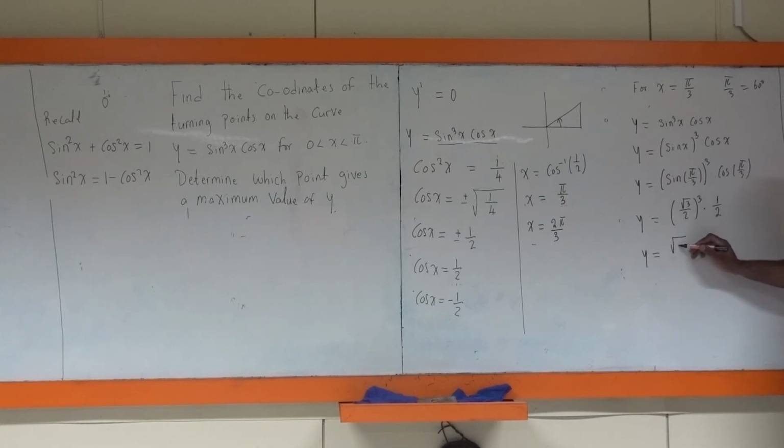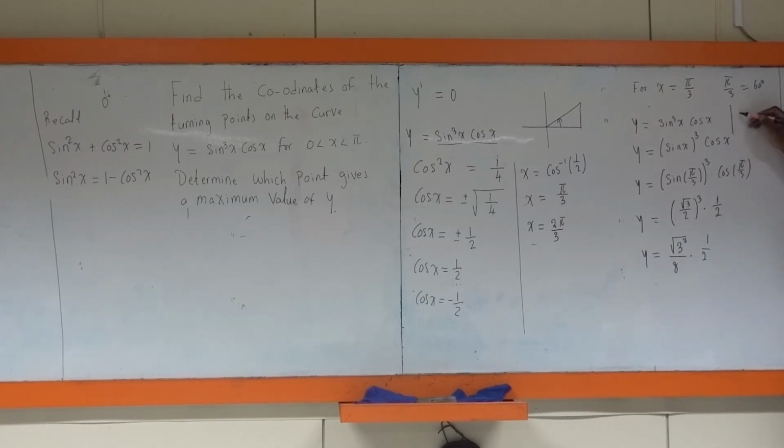Oh yeah, let's go step by step. Each of these terms must be raised to the power of 3. We know 2 raised to the power of 3 should be 8, multiplied by 1 over 2. And 3 raised to the power of 3 is 27. And what is square root of 27?